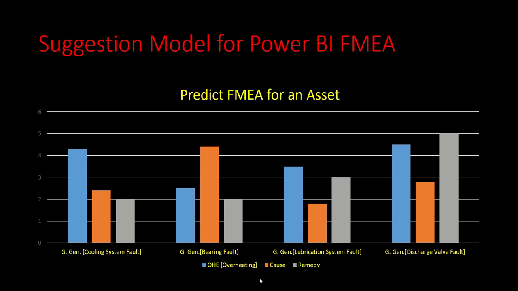And also, what is the largest cause of a problem, like here in orange. This is caused by bearing fault here. The problem, as you see, OHE, is the code of the problem, and the description is overheating.